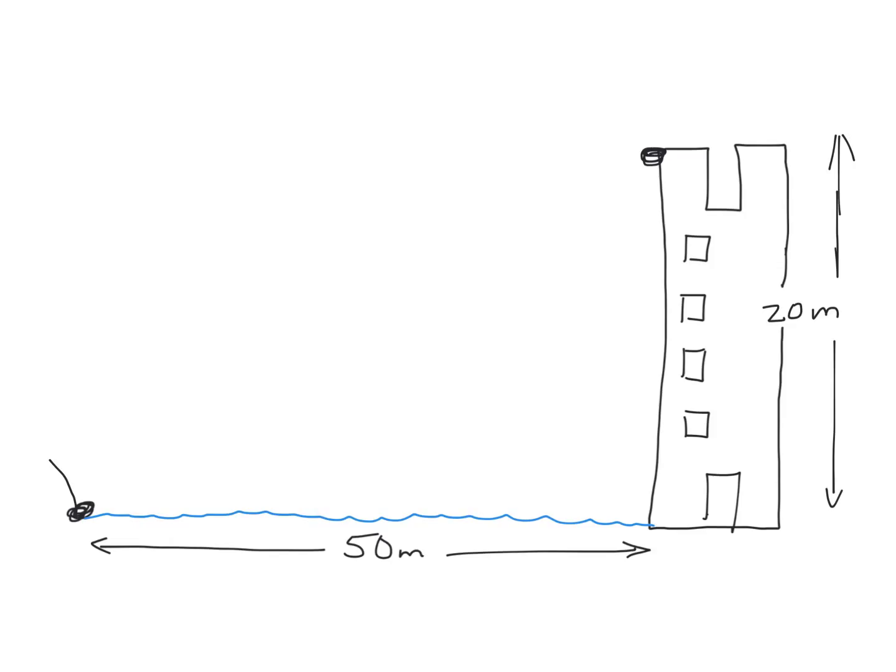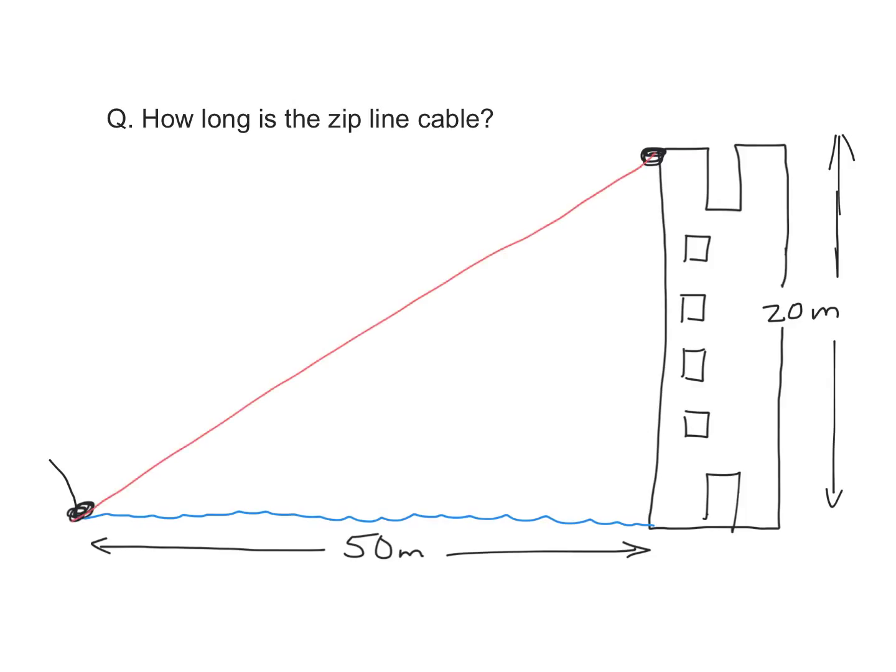So the question is, how long is the zip line cable from the top of the castle to the bottom of the land? Now we can also assume that this over here is 90 degrees, and using Pythagoras' theorem we should be able to find the length of the zipline cable. Put the video on pause, give it a go, come back when you're ready.